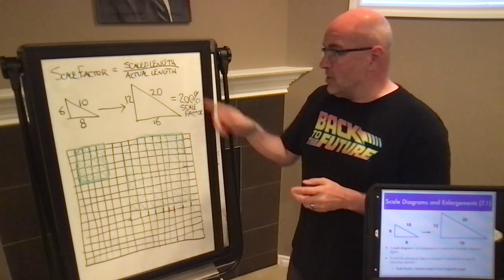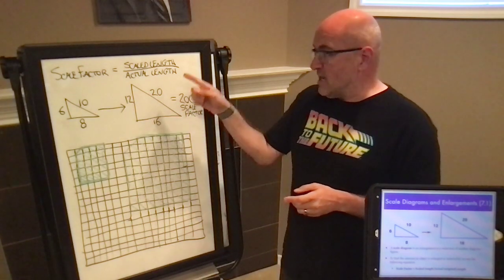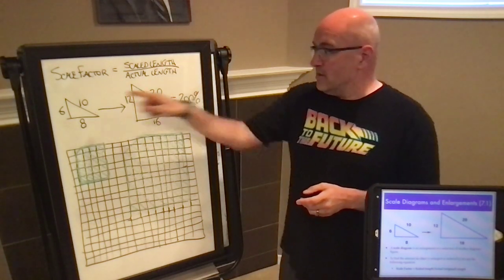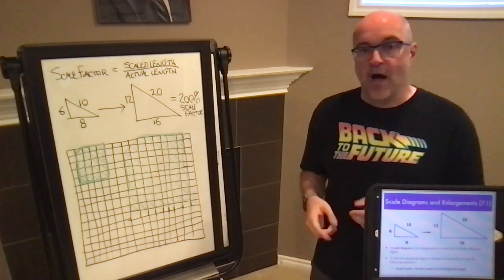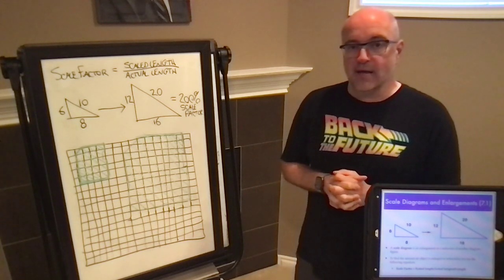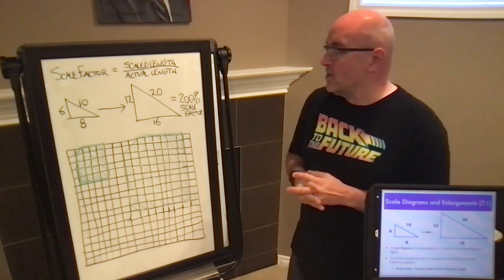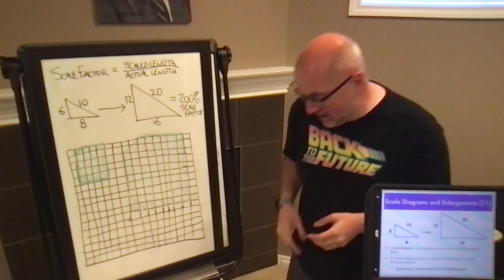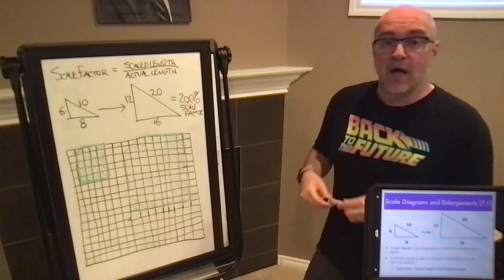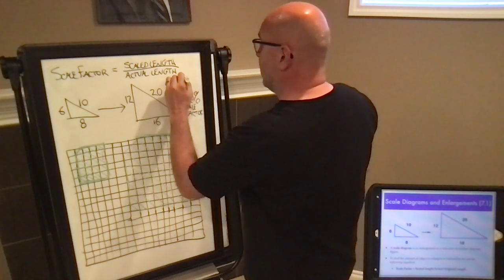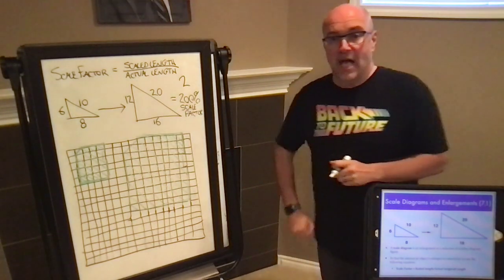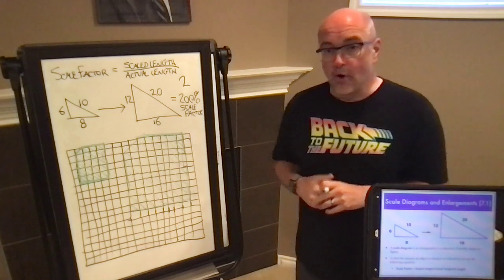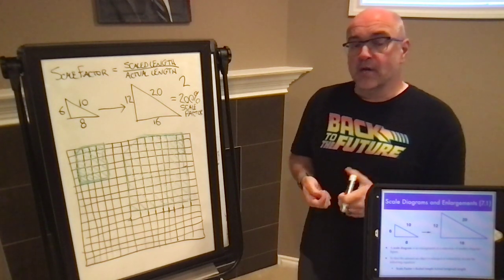So in this case, I'm going to use 20 and 10. If I take 20, which is my scaled length, divided by the 10 of my hypotenuse, which is the length of the original hypotenuse, you have 20 divided by 10, which gives you a scale factor of 2. Now I can write it down as a scale factor of 2, or I can convert that 2 into a percentage.